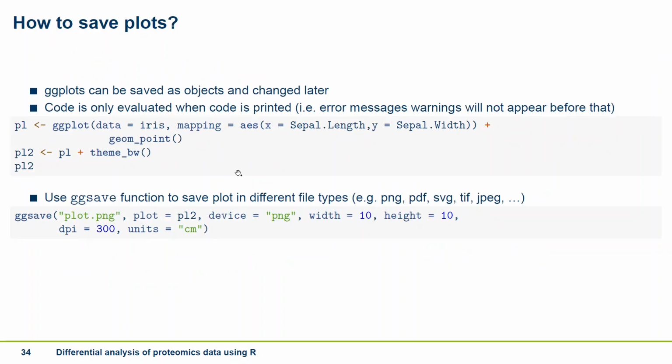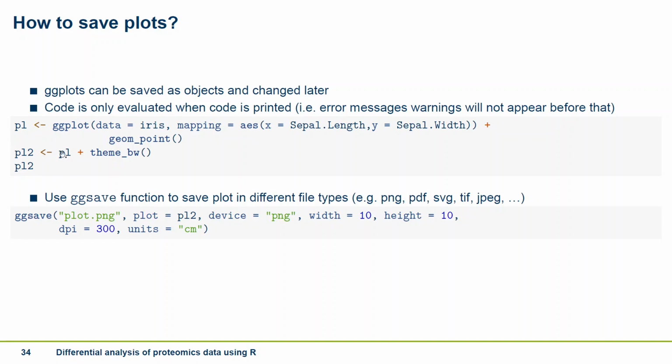So how to save the plots you have created? One really great advantage in ggplot is that you can save plots as objects and then change it later. For example, here you have this scatter plot, and you save it in an object called PL, and then you realize, oh, I wanted to add a different theme, for example.